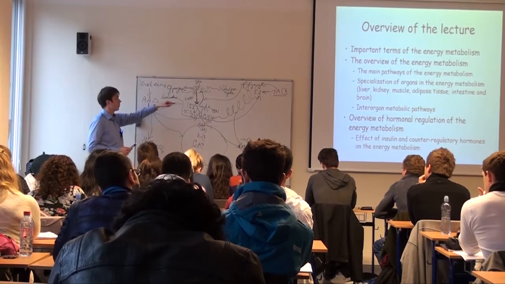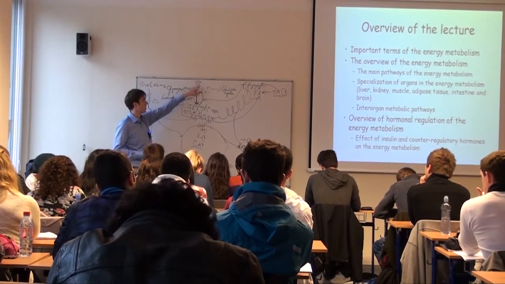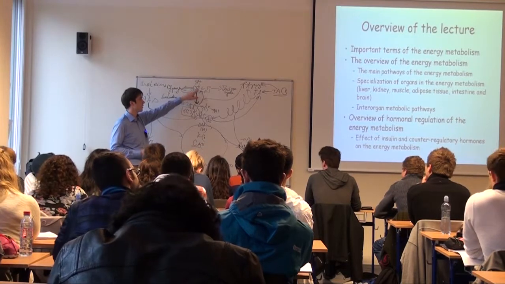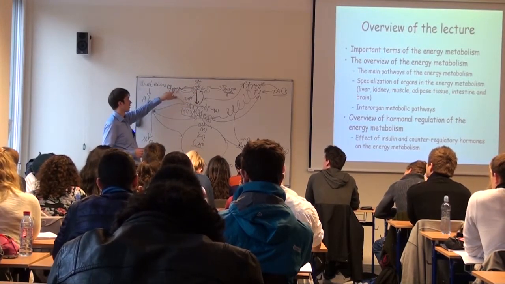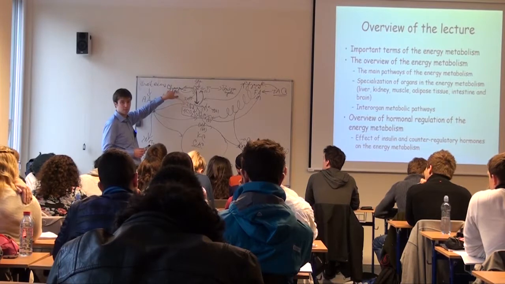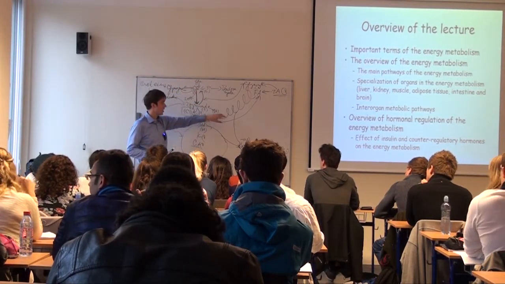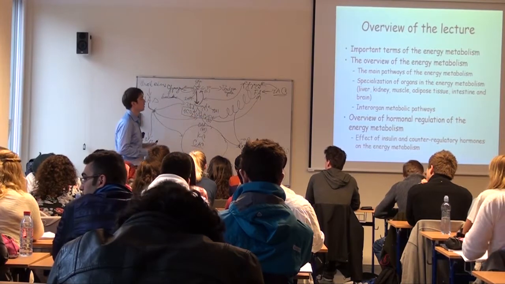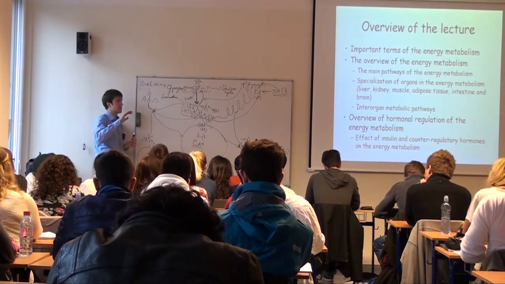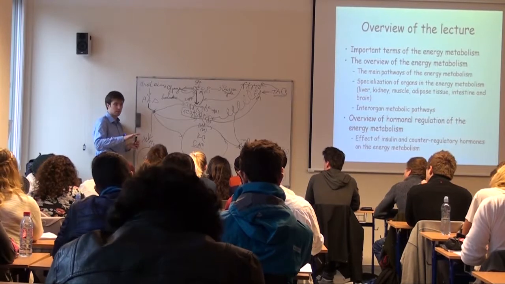And if the value of glucose is high, then glucose 6-phosphate is also transformed to glycogen. So you see the three ways how liver can decrease the blood glucose level.